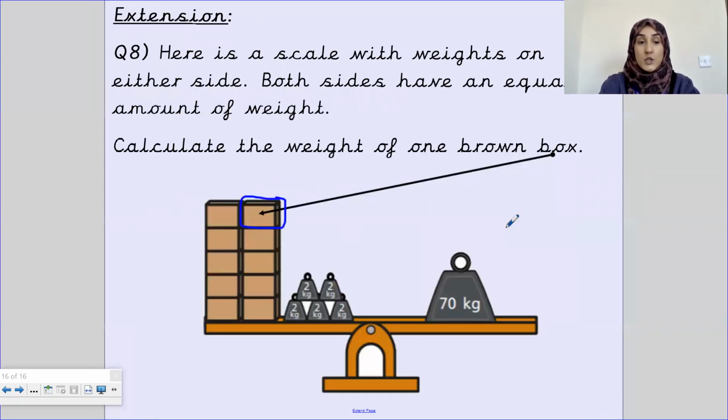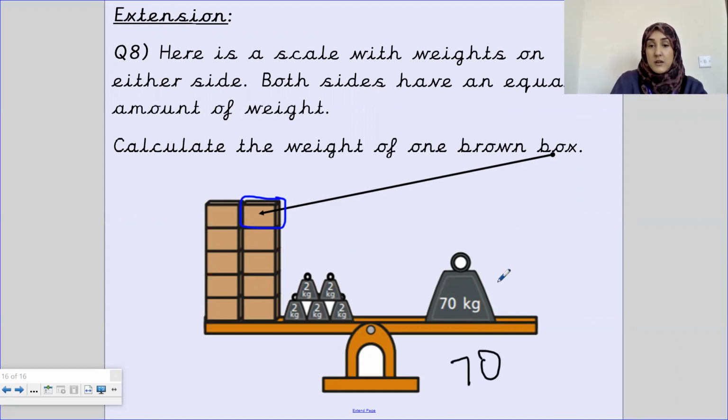And then your extension question is, I will explain this one because it's a little bit tricky, but I'm sure everybody can have a good go at this. So here is a scale with weights on either side. Both sides have an equal amount of weight. Calculate the weight of one brown box. Okay, so here we have 70 kilograms.